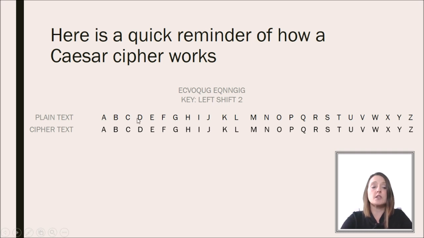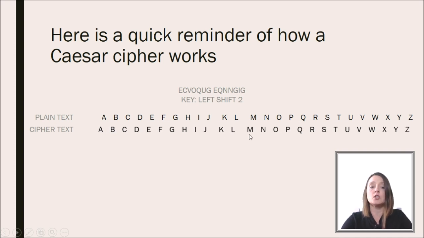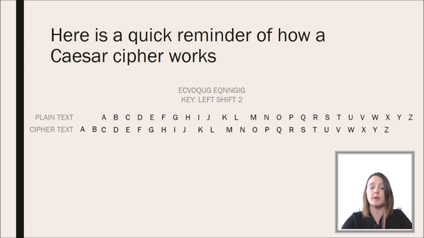Okay, so the first thing we need to do is create our plain text alphabet. So that's just an alphabet in the way that we know it from A through to Z. When we look at the left shift, we look at the ciphertext. This is where we need to shift this row, so the second alphabet, to the left 2 places. Okay.